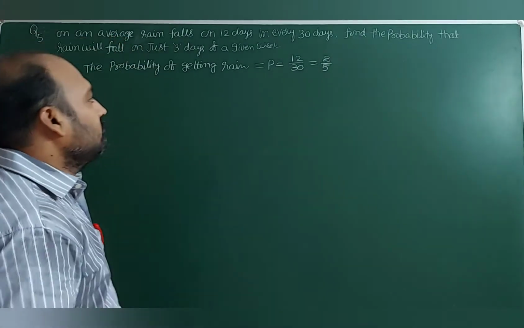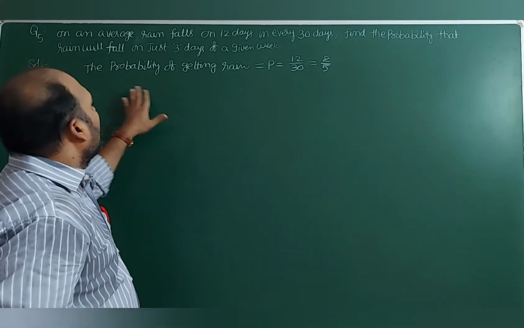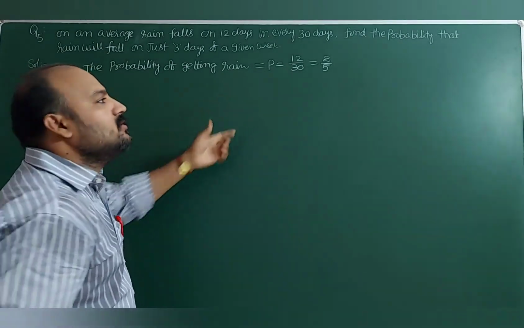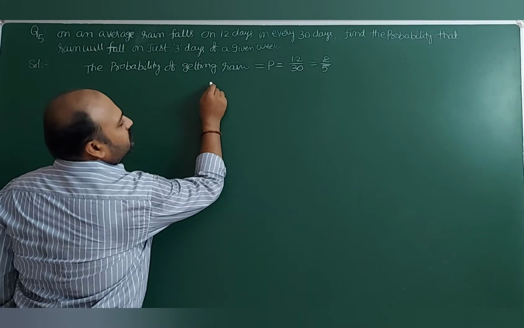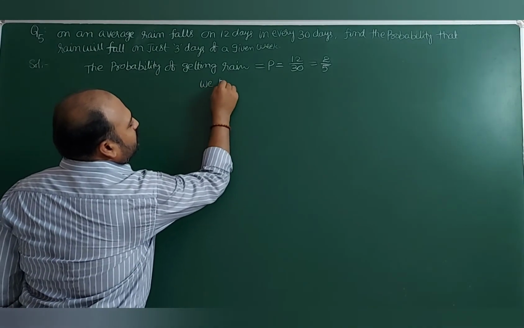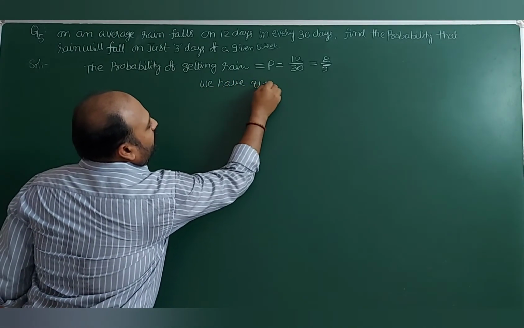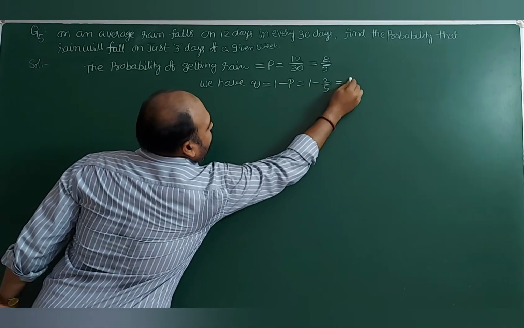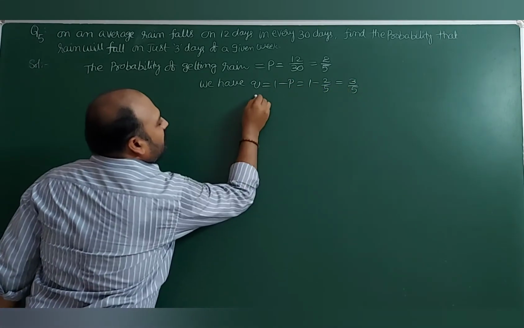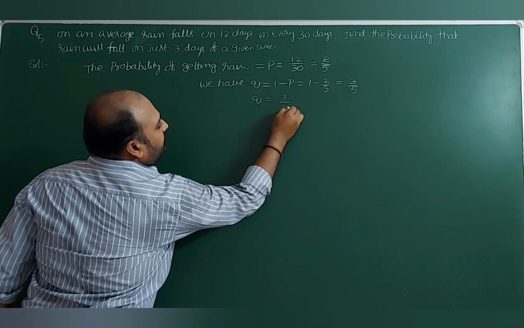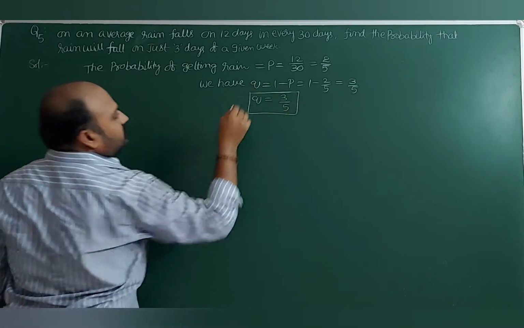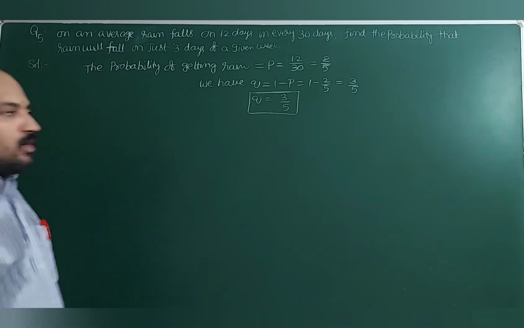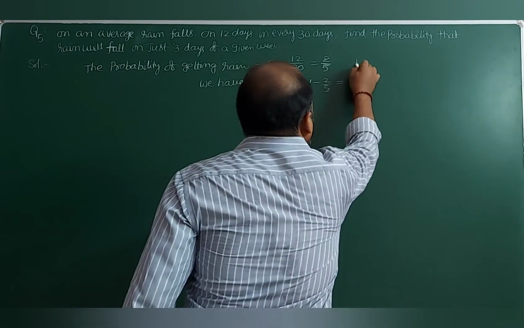Yes, 2 by 5. Whenever we have the P value, we know Q is the probability of not getting rain. So therefore Q equal to 1 minus P, that is 1 minus 2 by 5, which is equal to 3 by 5. Therefore Q equal to 3 by 5. So P value we got it, Q value also we got it. P is equal to 2 by 5.